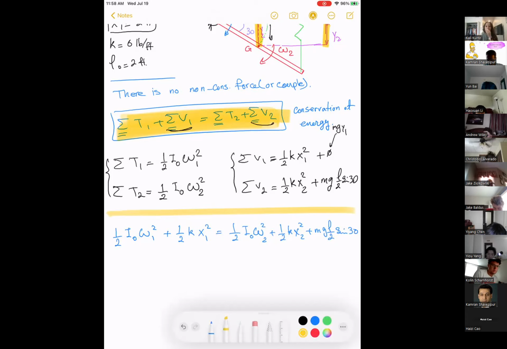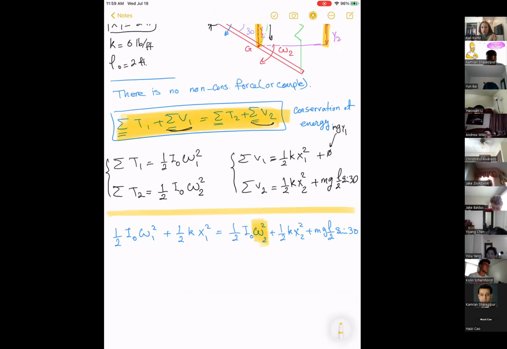Omega 2 is something we are looking for. It says determine the final angular velocity. Yes, that's what we're looking for.